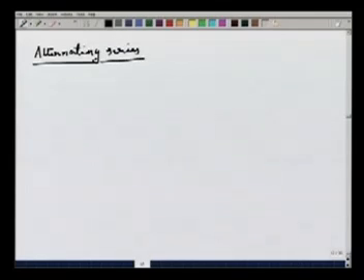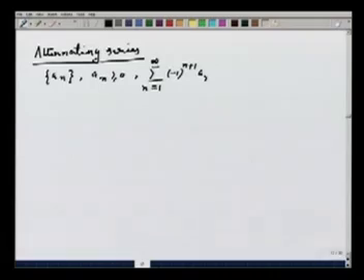So what is an alternating series? Suppose I have a sequence an and an is bigger than or equal to 0. Then I look at an infinite series of this form, summation n from 1 to infinity of (minus 1) to the power n plus 1 times an. Okay. Notice then what is the first term of this infinite series?